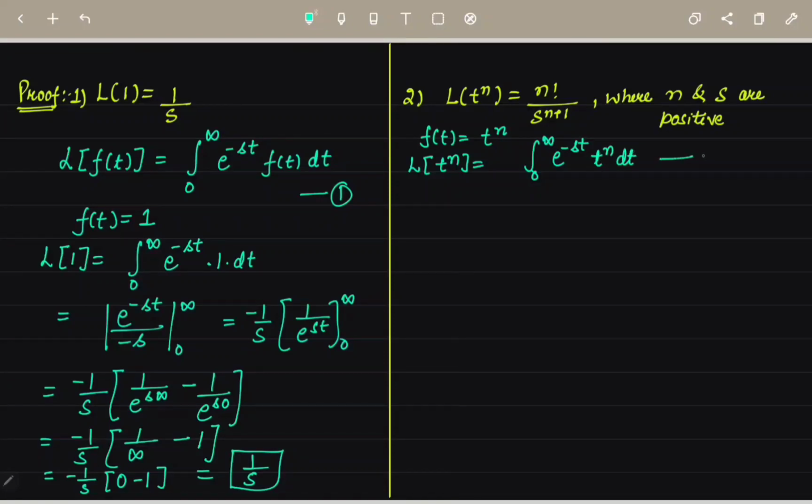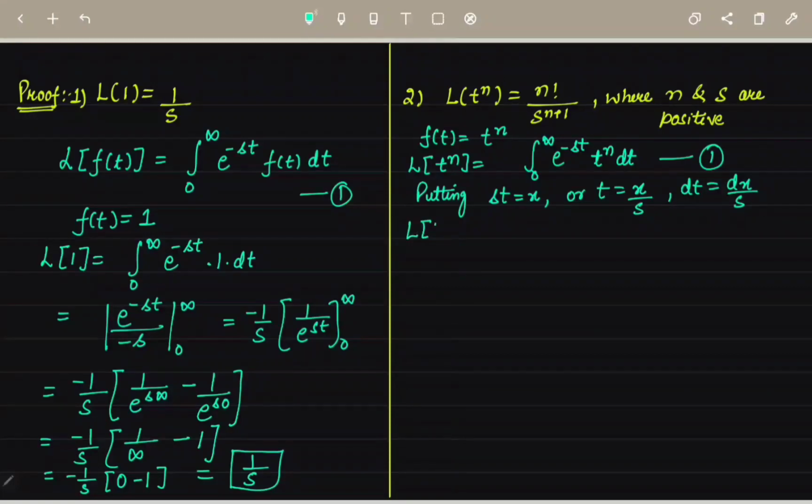So now what do I have to do? I have to solve this integral. So for this I will use the substitution method. Putting st equal to x, or we can say t is equal to x divided by s, and dt is equal to dx divided by s. So now substitute all these values in equation first.